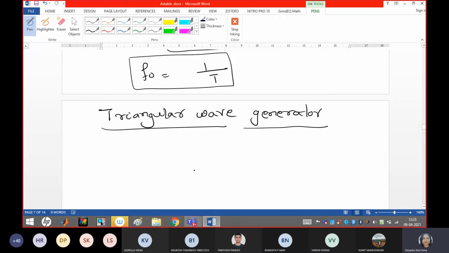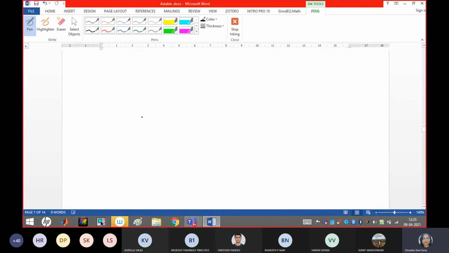First I will draw the circuit, then I will move to the waveform. This is very simple. Whatever waveform generator circuits we have learned, I'll use the concepts of those only. I'm not going to use any new concept. You have to identify what circuit components I have used.